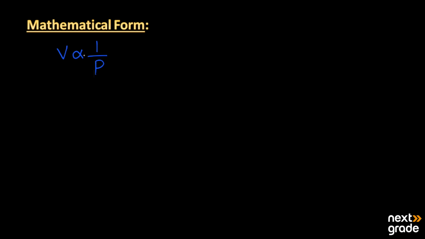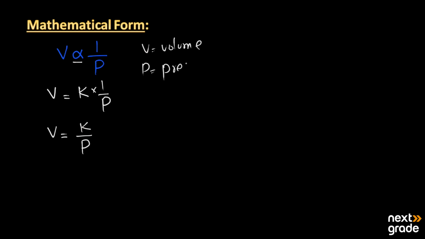By removing the proportionality sign, we get V equals K times 1 over P, so V equals K over P, where V is the volume, P is the pressure, and K is the constant of proportionality. We can write it as K_B, related to Boyle's law.